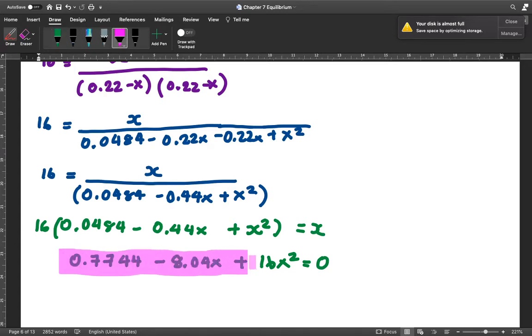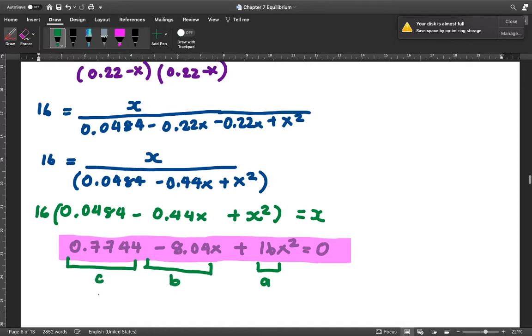Now this can easily be used in our quadratic formula, right? We know that this is going to be our A value, this is going to be our B value, and this is our C value.